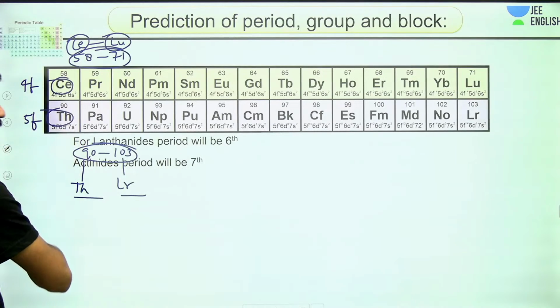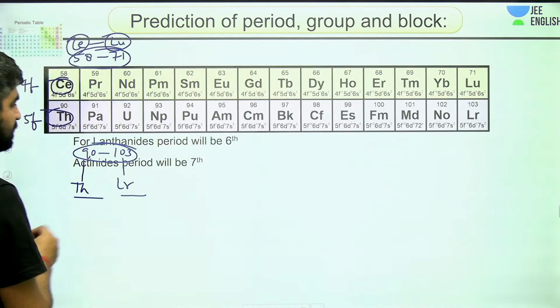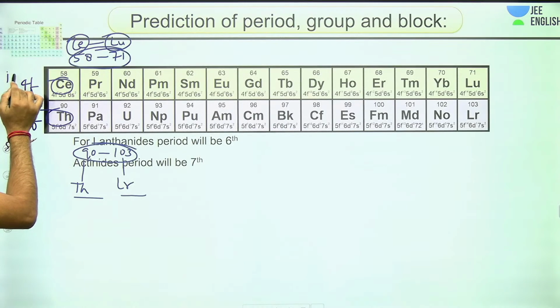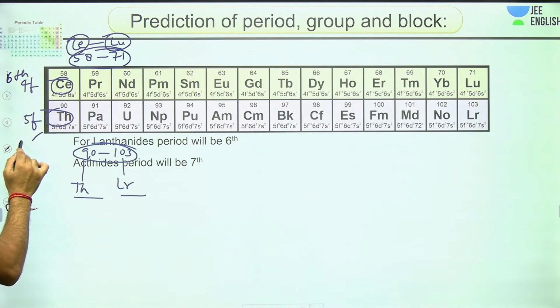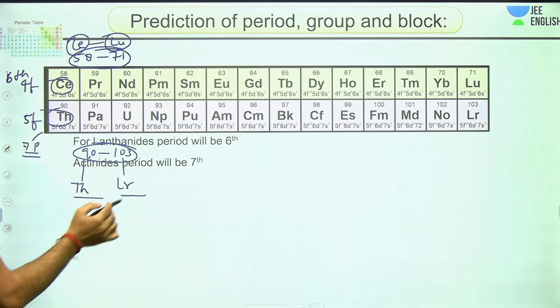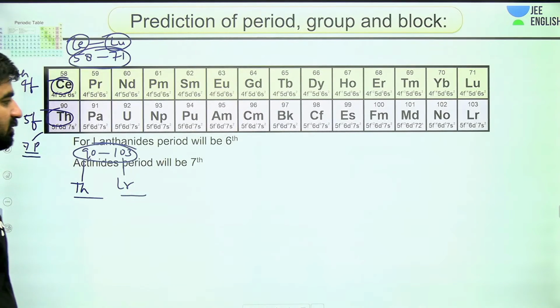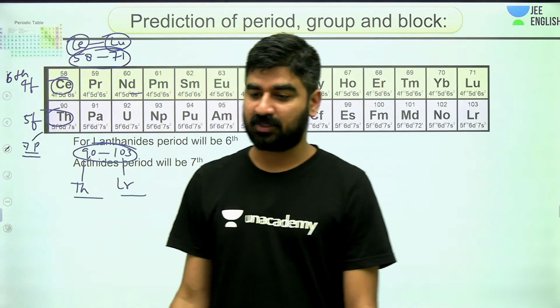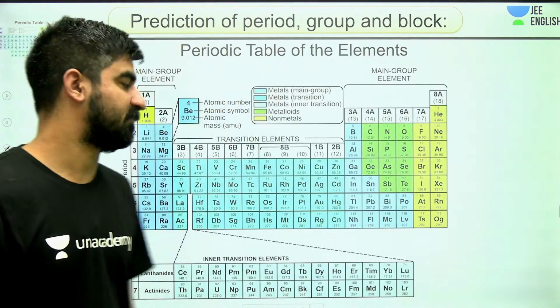They start with thorium. Always remember it. And their period will be 6th, and 7th. But their group will be always fixed. Lanthanides belong to the 6th period. Actinides belong to the 7th period. But their group is always fixed.